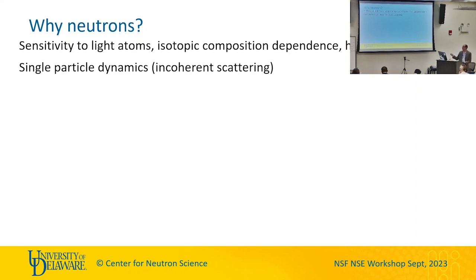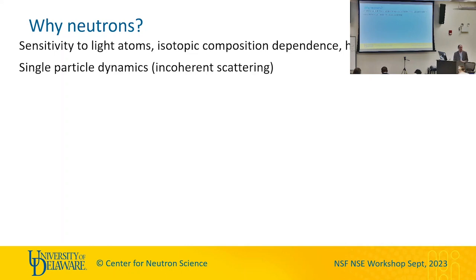Another unique aspect of neutrons that we will discuss later is that they can access the single particle dynamics of hydrogen atoms, looking at the incoherent scattering. This is a very important part. However, we will not really dwell with it too much in this school, but given the relevance of it, I need to mention it here.